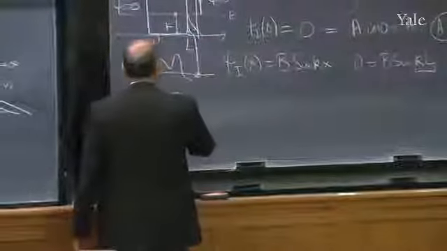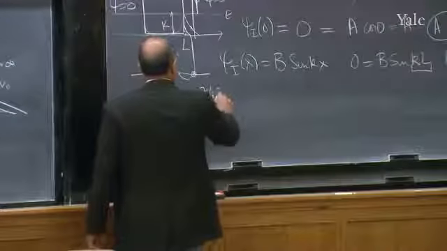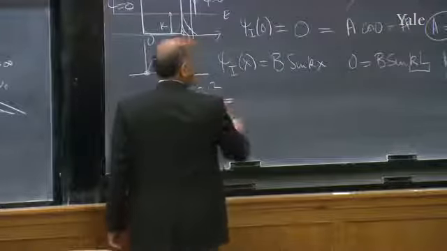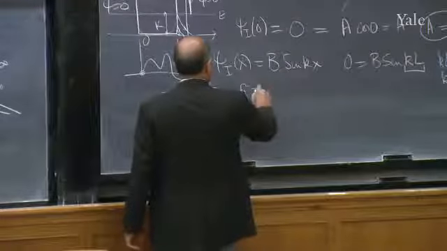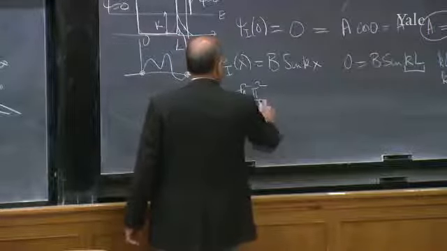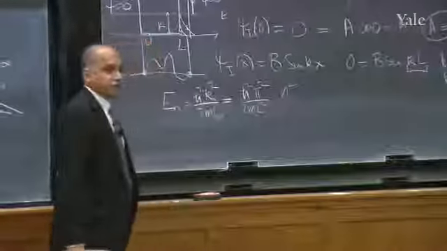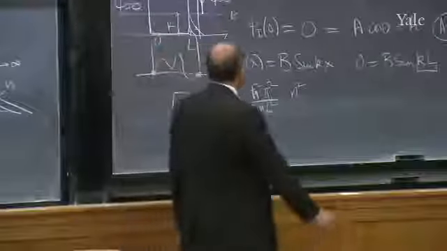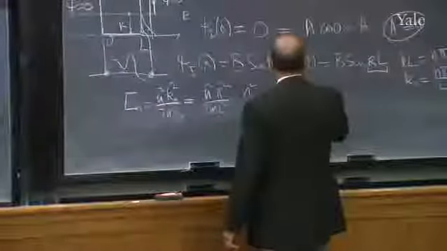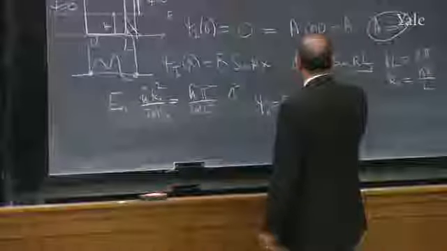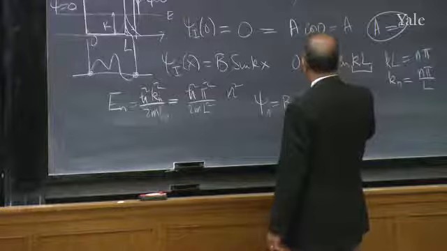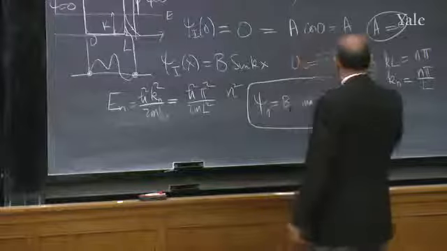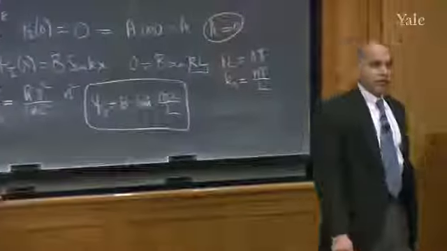And the energy, which is really ħ²k²/2m, becomes now ħ²π²/2mL² times n². And psi sub n looks like B sine(nπx/L). You guys see that? These are the allowed functions.